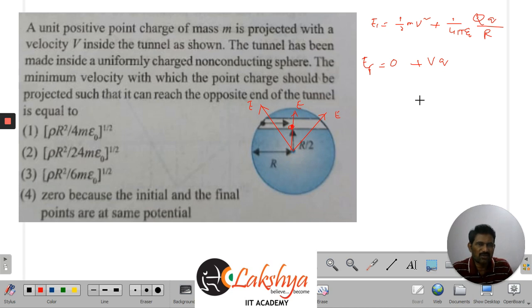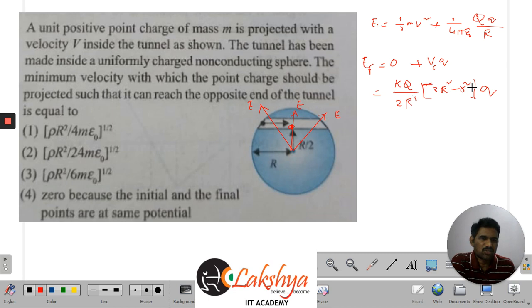This V is the potential at the center of the tunnel. So we need to write the formula for the potential inside a uniformly charged sphere. That potential we can write as kq by 2r cube into 3r square minus small r square.